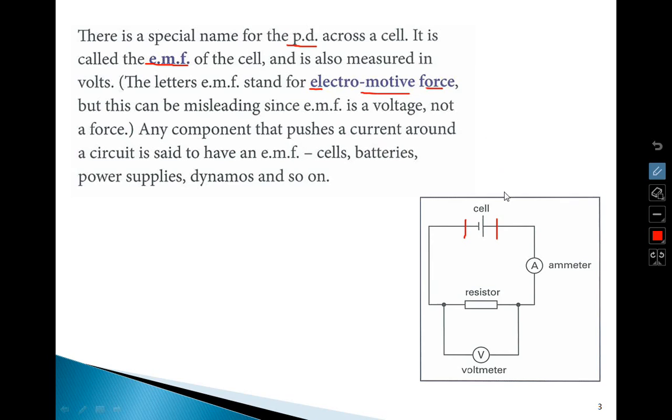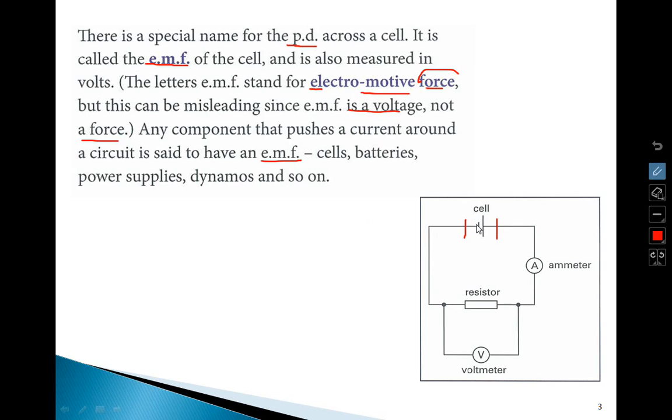This one actually is not a force. It's a voltage. It's not a force. So any component that pushes current around the circuit is said to have EMF.